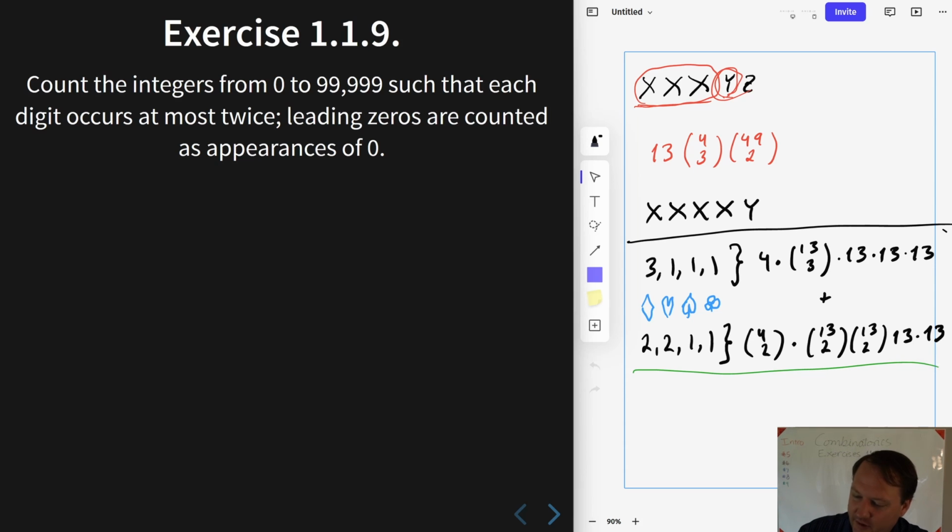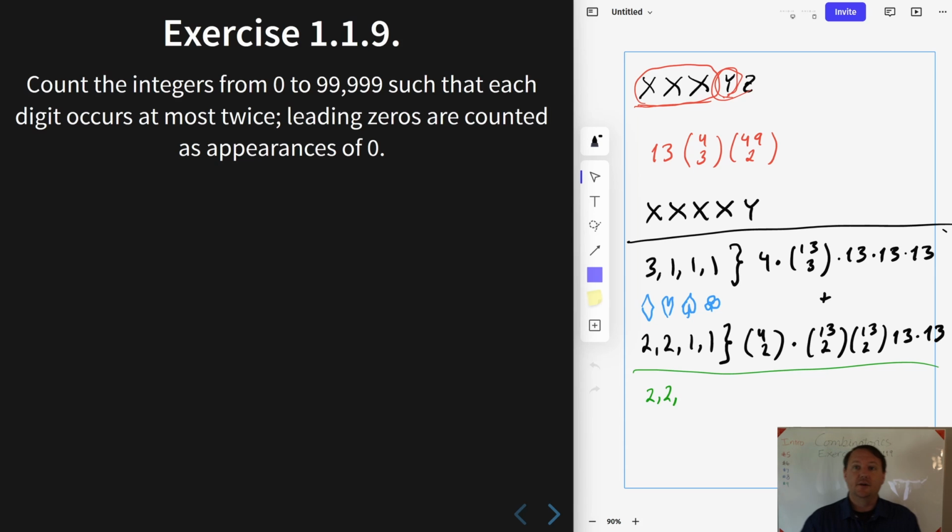We can again think of it this way: if I'm going to pick a double, I basically want to say, look, by the way, we regard every number as 5 digits, so we're talking about words formed from the alphabet of the digits 0 through 9.